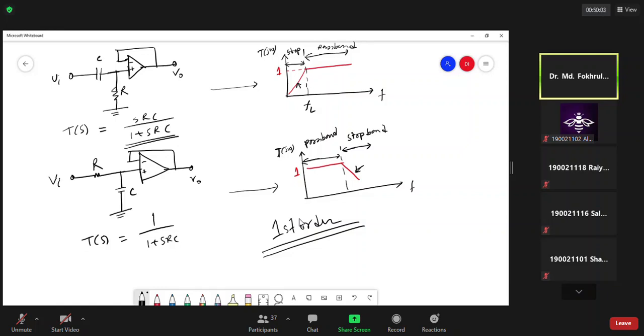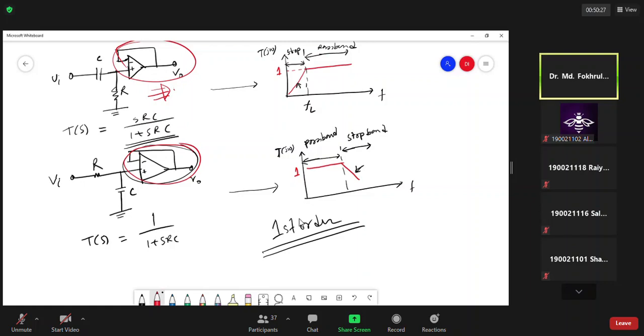One interesting thing: if we do not use the voltage buffer here, and we take any output in this section, what will happen? The center frequency and the operating frequency can change, and depending on the load, the gain will also change.